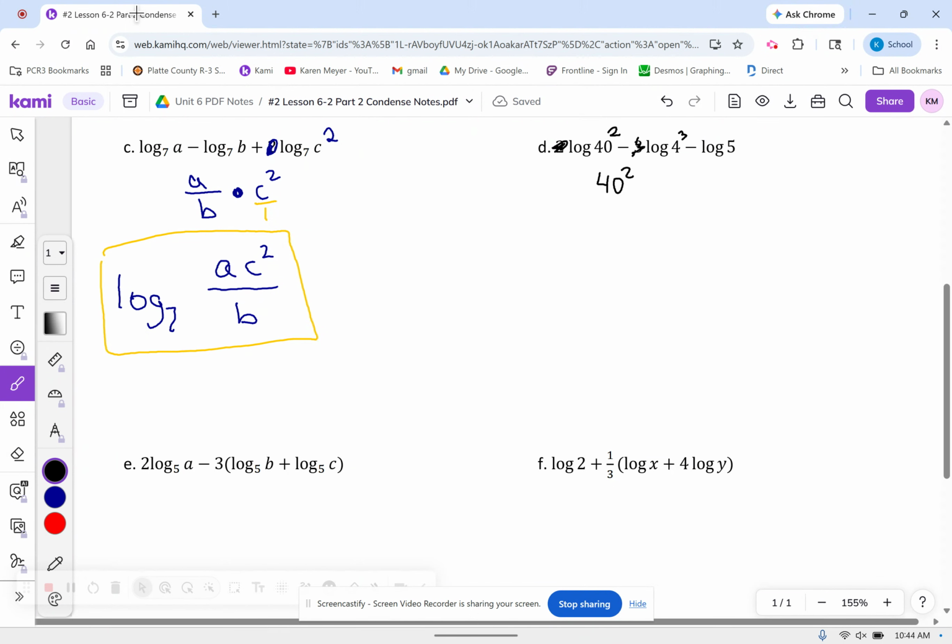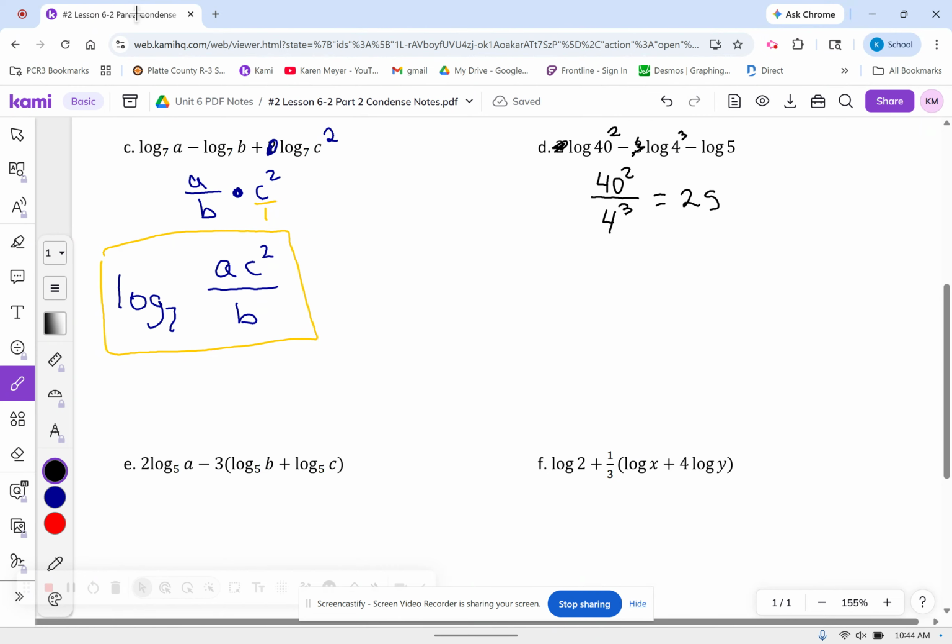divided by, because I see subtraction. Subtraction changes to division. 4 to the 3rd power. So there on my calculator, I would take 40 squared divided by 4 to the 3rd power, which will give me 25.